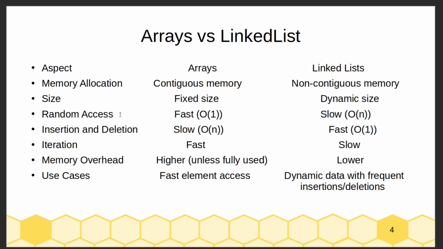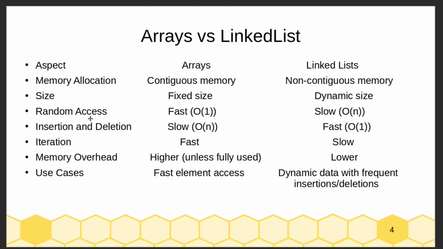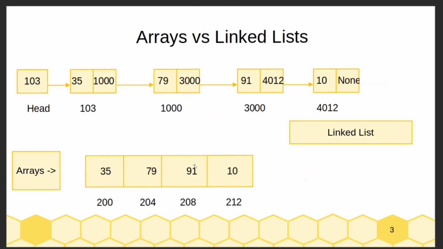Now the next difference is the time complexity for random access. Arrays have faster random access. Its time complexity is big O of 1, whereas linked lists are slow. Its time complexity is big O of n. Let's say you want to access this element, then in arrays we just need its index.